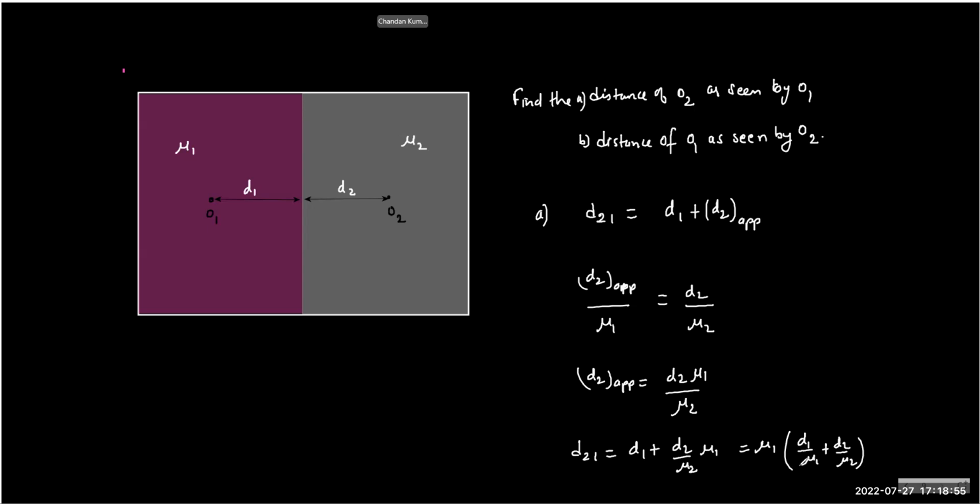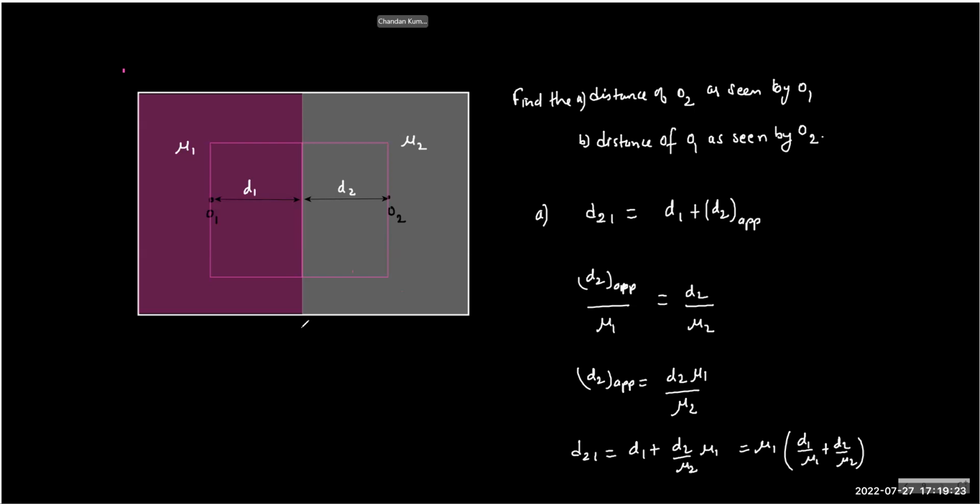We are doing this in terms of slabs. You know the idea of a slab. If you remember, we can convert this into a two-slab problem by thinking that this is one slab and this is another slab. And who is the observer? The observer is in medium one.